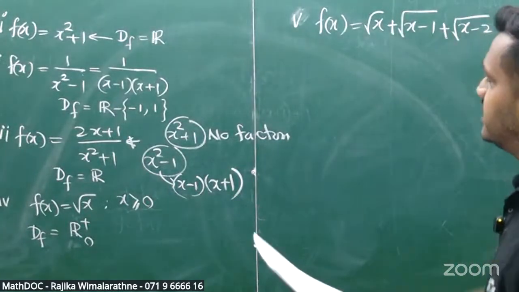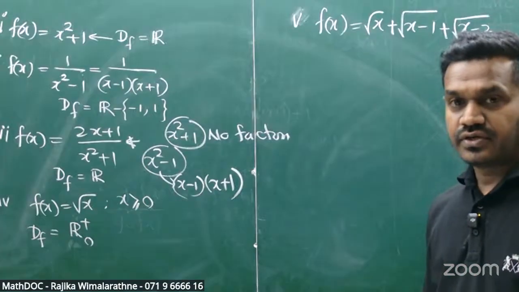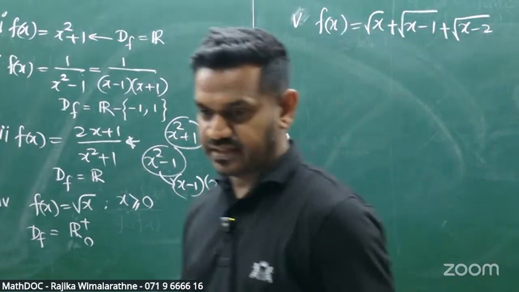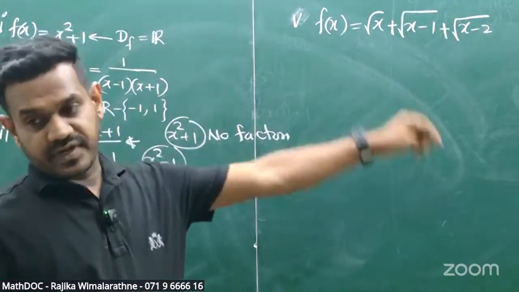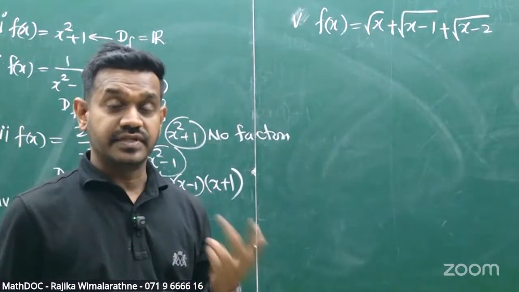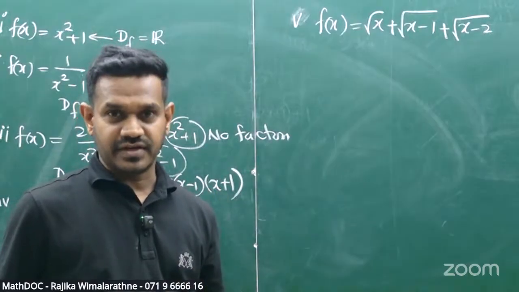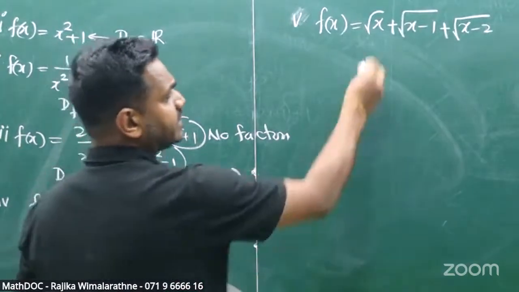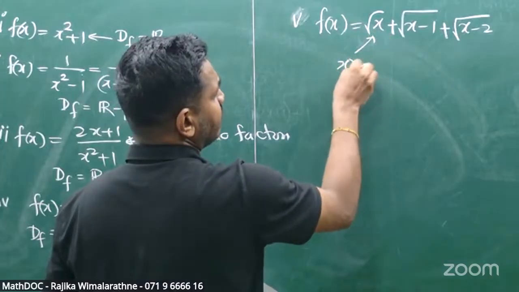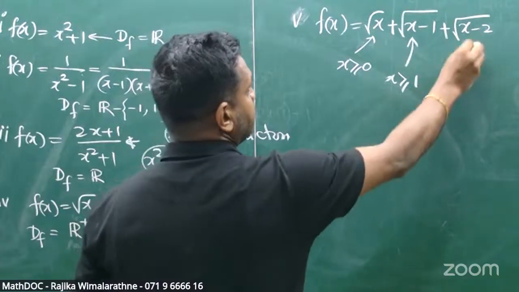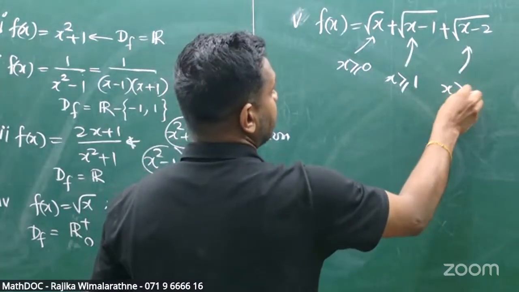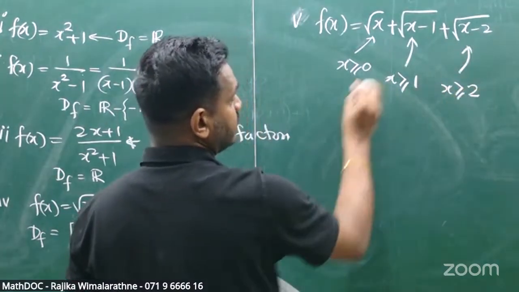Okay, we have an addition of three irrational functions. When you have this type of irrational function, you have to think about the values within the square root being non-negative. Therefore, for this x greater than or equal to 0, for this x greater than or equal to 1, for this x greater than or equal to 2, you have to think about all.